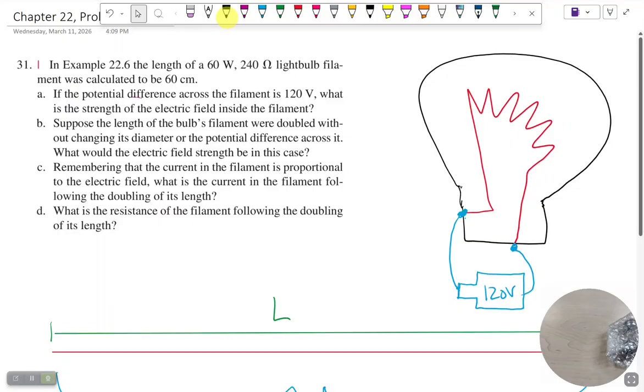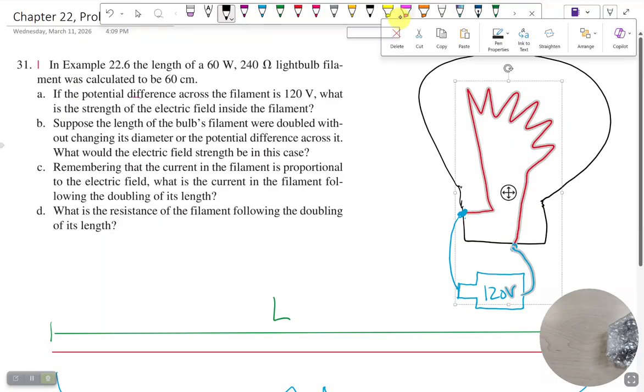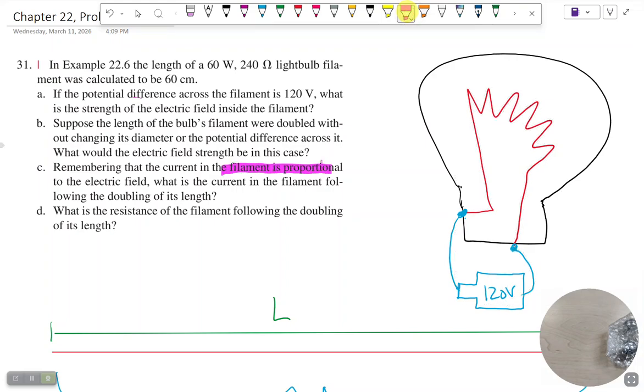All right. And then, remembering that the current in the filament is proportional to the electric field, an easier way to write that out is that the current I is proportional to the electric field. So what is the current in the filament following doubling its length?